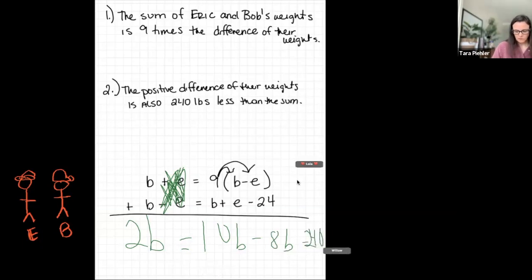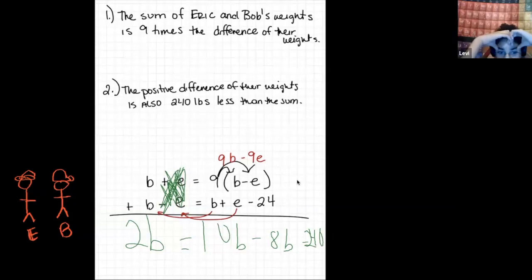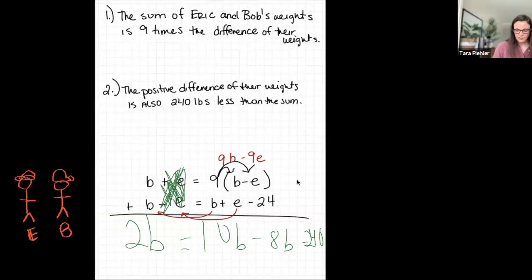So we have 9b minus 9e, right? And we want to put them... we can distribute these over here, right? Okay, so what happens if I do this?